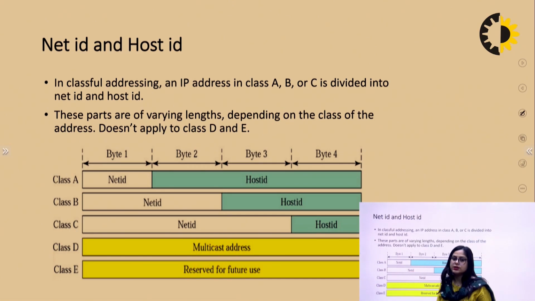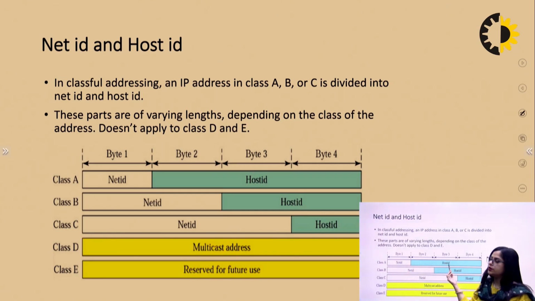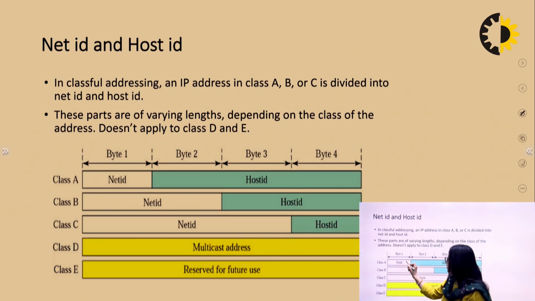Here for class A, the net ID is 8-bit, that is 1 byte, and host ID is of 24-bit.